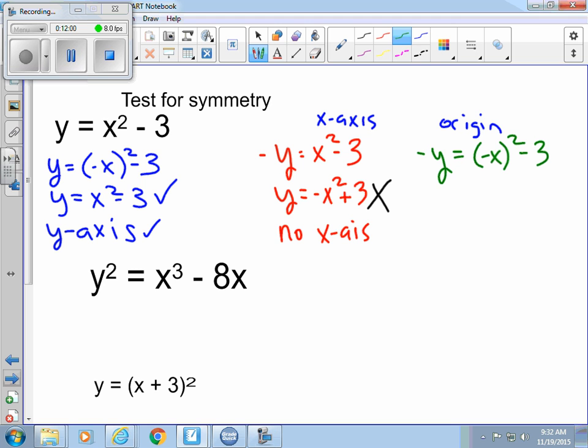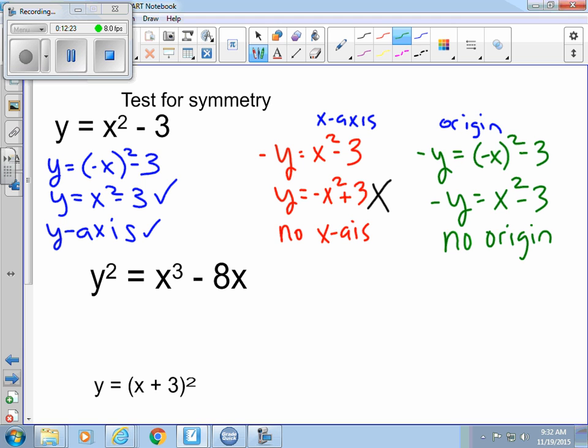The negative in the x ends up squaring out. Does everyone agree? And so I get negative y equals x squared minus 3. Kind of the same thing I ended up with over here. Okay. So is that the same as the original equation? So, no origin symmetry. So this is how you test algebraically.